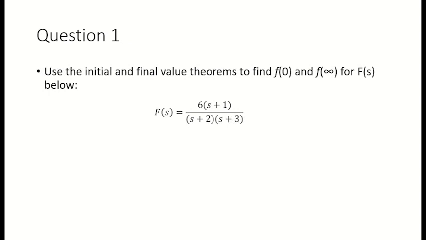One of the properties of Laplace transform is the initial and final value properties, which allows you to find the initial value f of 0 and the final value f of infinity of the f of t directly from the F of s. So basically, you don't have to transform this F of s into f of t, but you just straight away use this F of s to find the initial and final value.